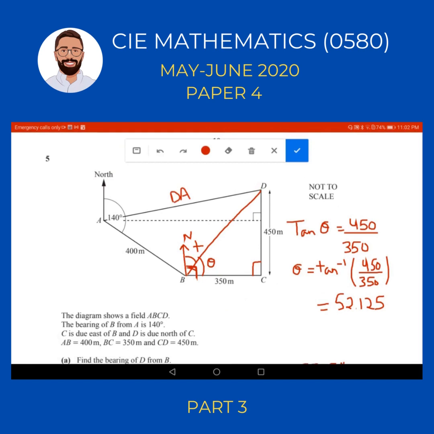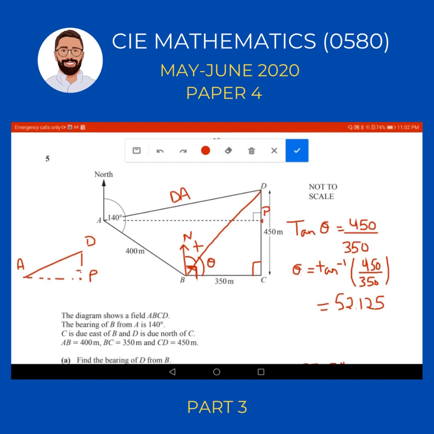Now, let me draw this triangle. So here I have AD. So let's call this point P.